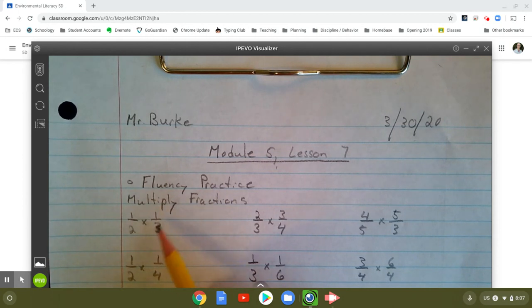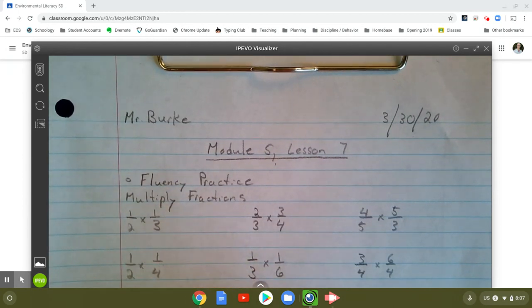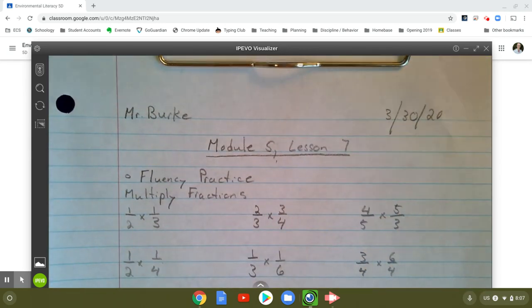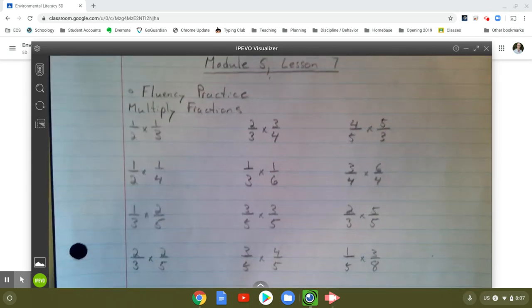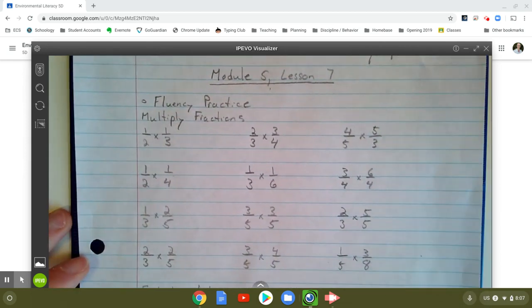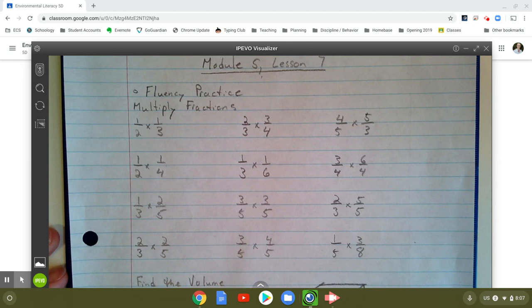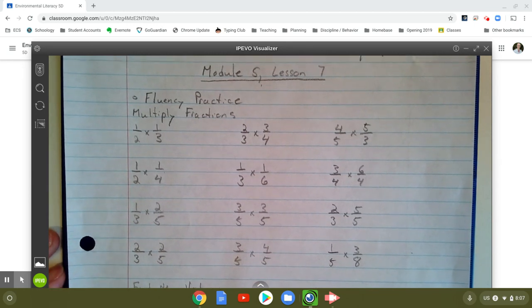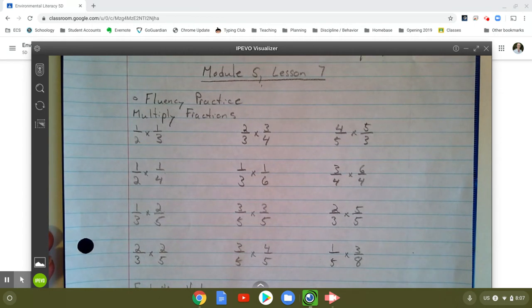So fluency practice here, multiplying fractions. I've got, let's see, 1, 2, 3, 4. I've got 12 fractions that I want you to multiply. And if we were at school, this would have been a sprint. But we're not in the building, so we'll just do it as practice.